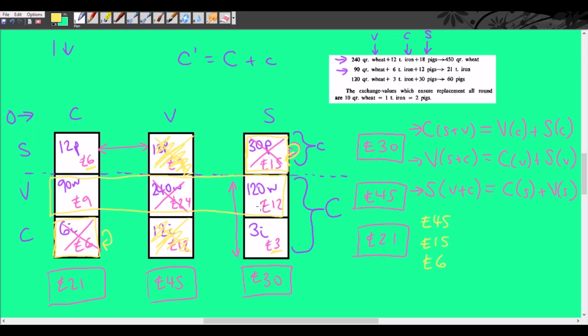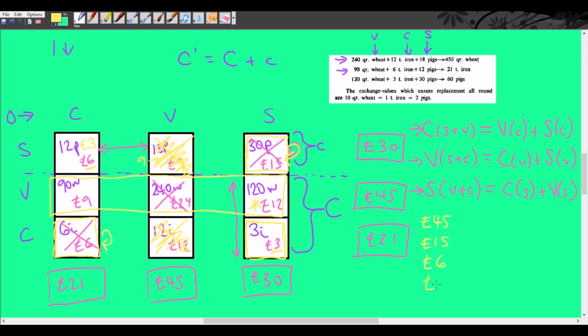And we know that we've got £12 already accounted for here. So since we've got £12 here already accounted for, we know that £3 worth of this £6 is already being accounted for, because 9 here plus 3 is 12. So we only have £3 left here. So actually it's only this box here that is relevant.